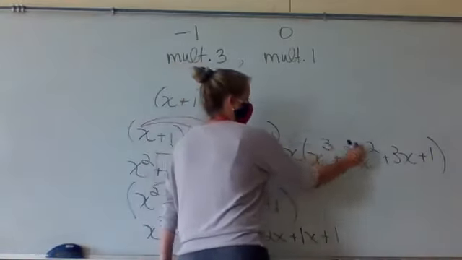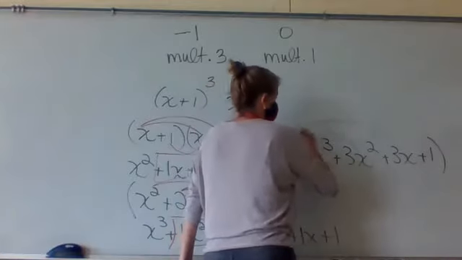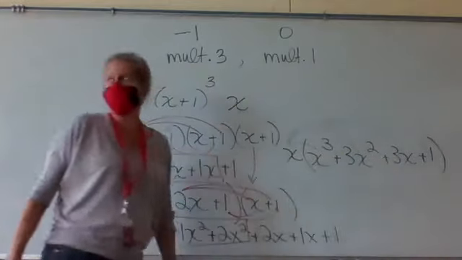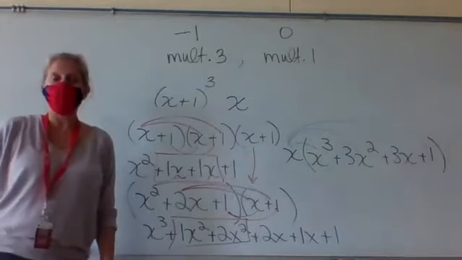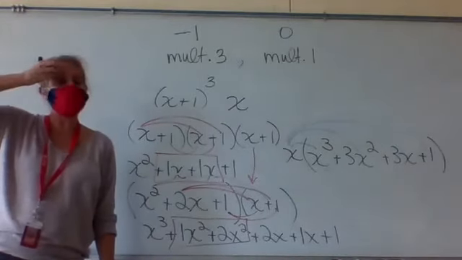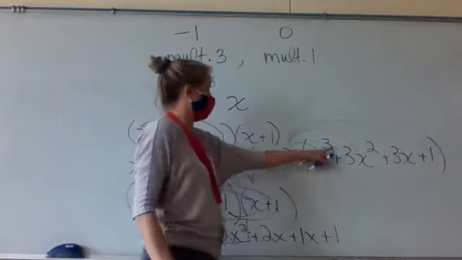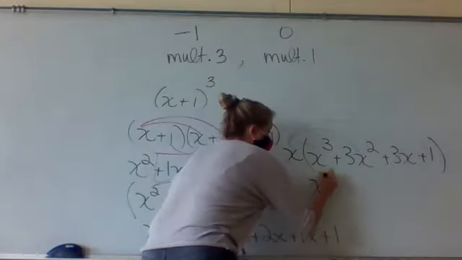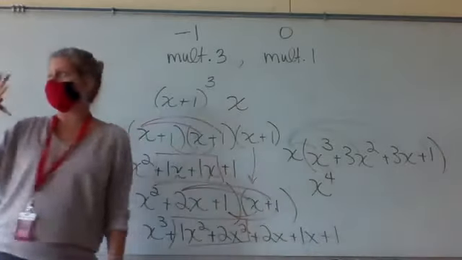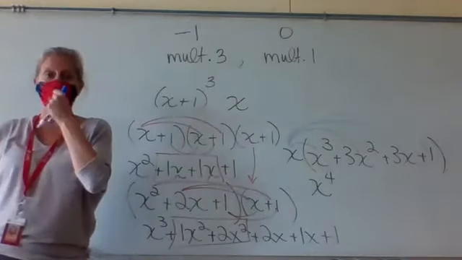I just need to distribute that x to all four of those terms. And what happens if you multiply something times x? It's just going to gain an x. So x times x to the third will leave me with x to the fourth. There's my degree 4, right? Which is what we're supposed to end up with.